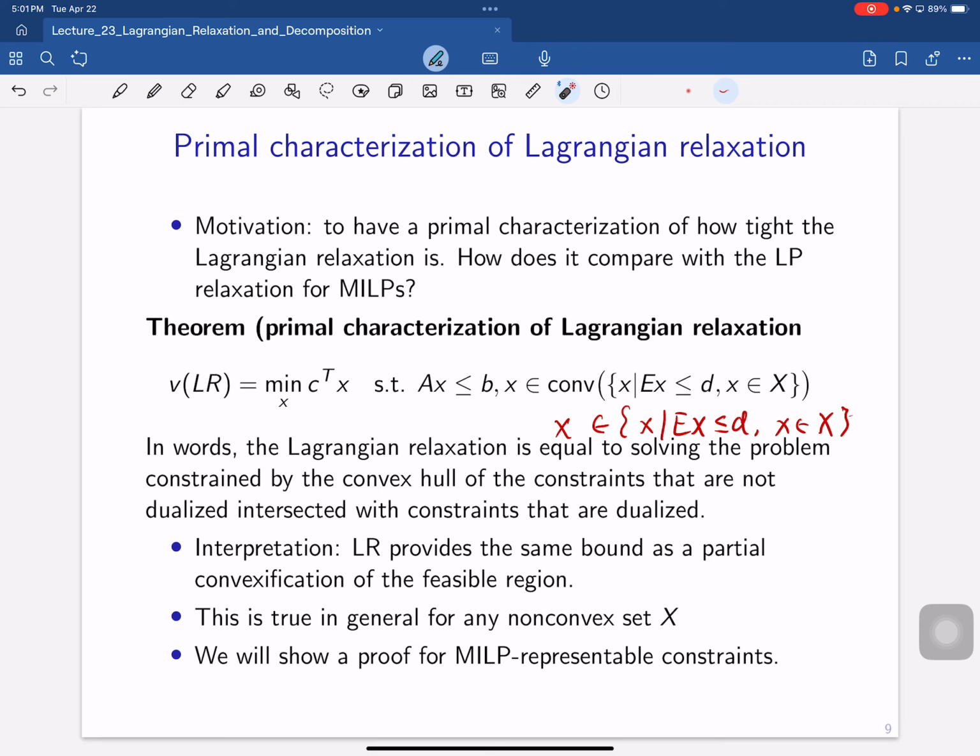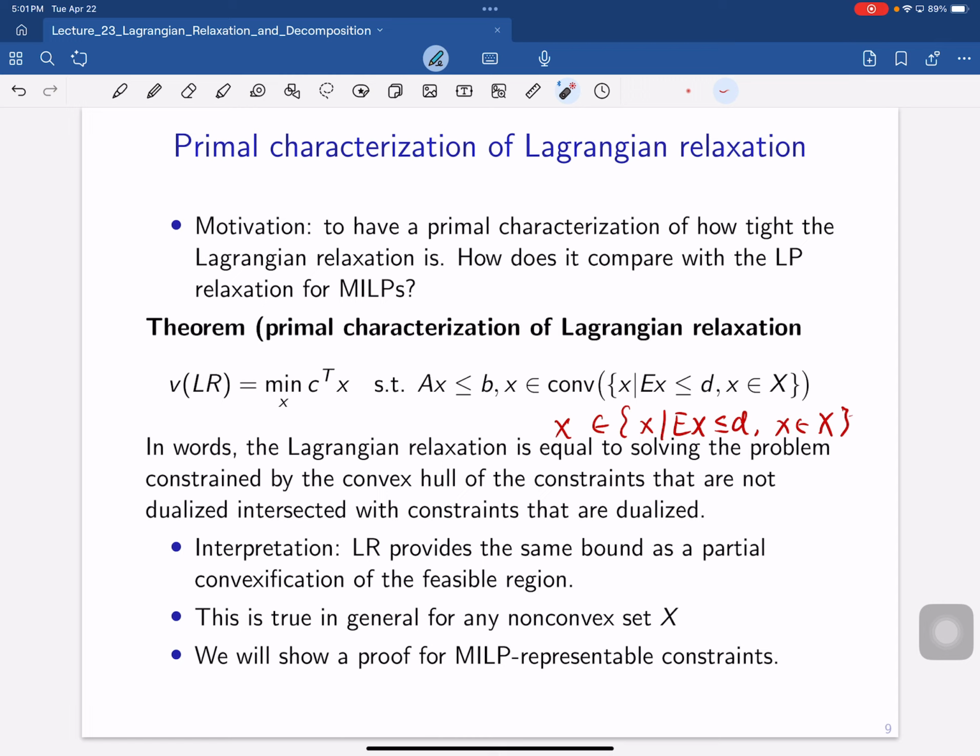But of course, this linear programming relaxation is weaker than the convex hull of a mixed integer programming set. The best convex set you can get is a convex hull. But then, is it the same thing as the original problem, or is it weaker than the original problem? Why is it weaker than the original problem?